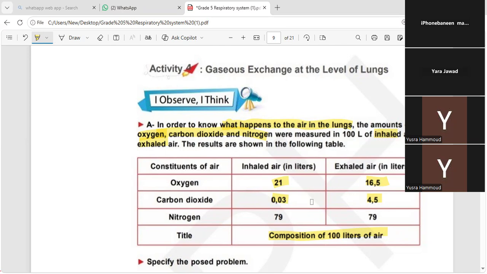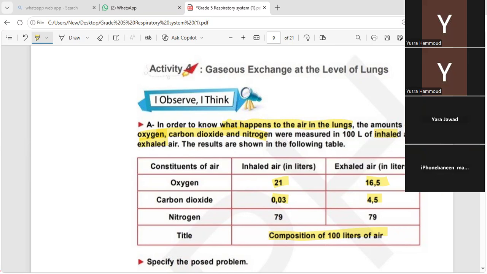From where does this come? Yes, Banin. From where does the carbon dioxide come? From the nose. It goes out from the nose, but from where do the lungs get this amount of carbon dioxide?